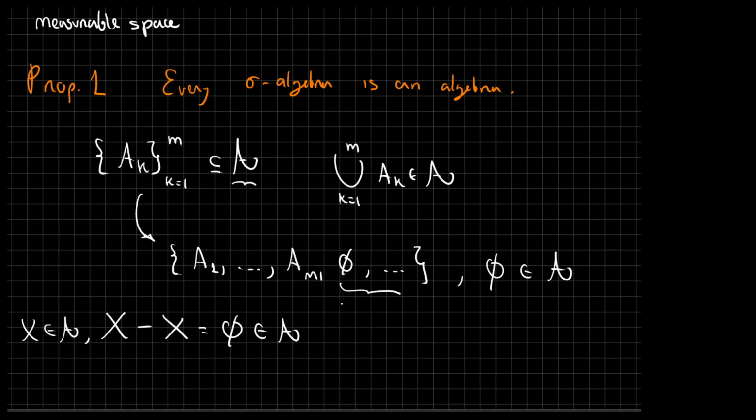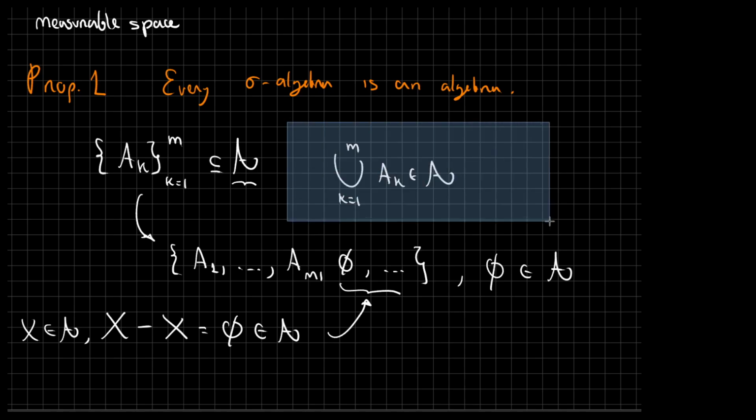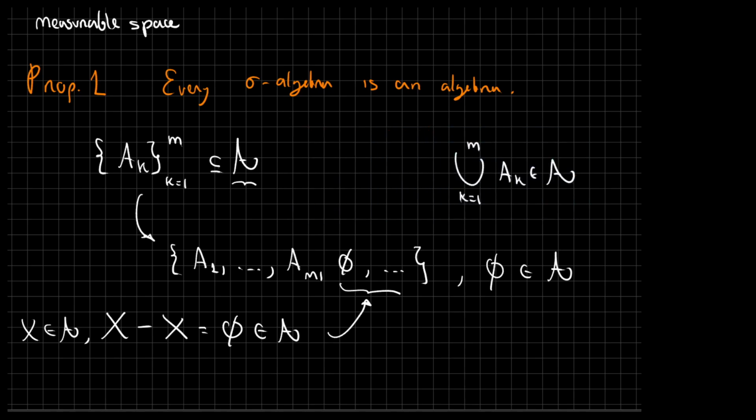Since this is an element of the sigma algebra, you can use it here to append and turn this finite family into a countable family. And then you will have the desired property. So this is equal to this, because from m to infinity, it's always the empty set, so this is the same, and this will be an element of the sigma algebra, and then this makes the sigma algebra an algebra. So it's kind of trivial.